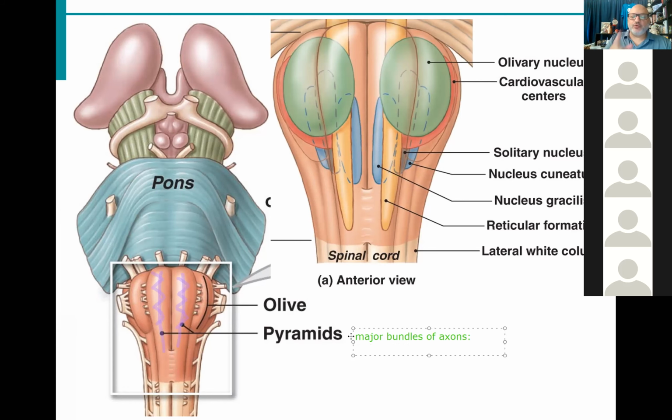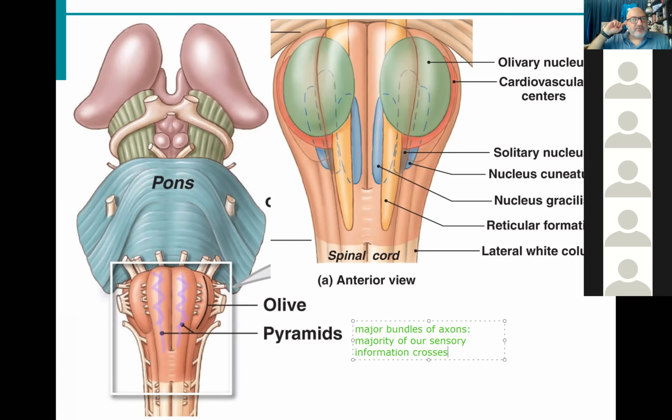But there's something really important about these pyramids. Here in the pyramids is where the majority of our sensory information crosses. Remember, as we've talked about, if I touch something with my right hand, I process that with the left side of my brain.